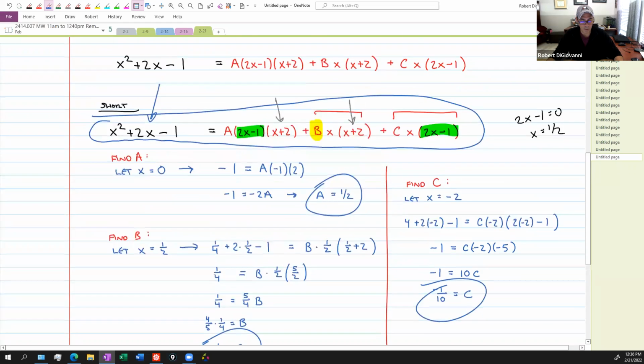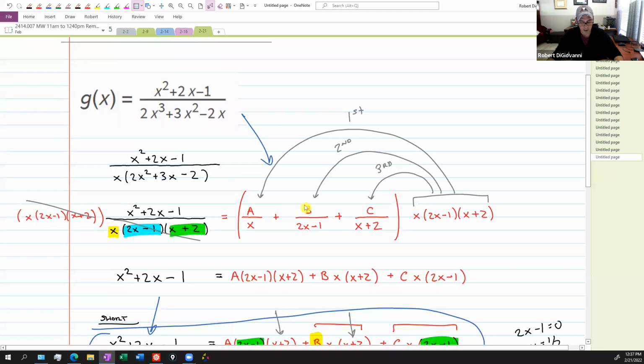Which means if I go back up to this step right here, remember we said that this was going to turn into some number over x, plus some other number over 2x minus 1, plus some other number over x plus 2. We found those numbers to be A, which is a half over x, plus B, which was a fifth over 2x minus 1, and then the last one was -1/10 over x plus 2.